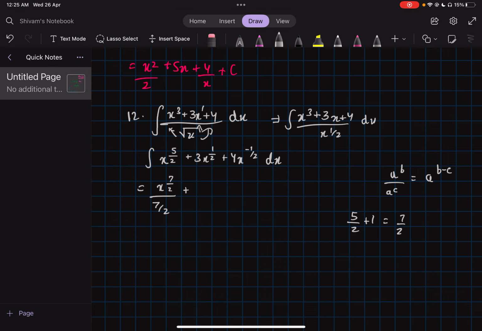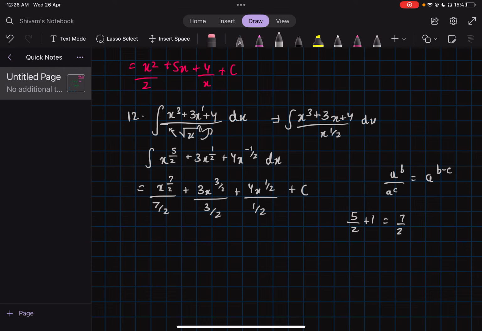Then for 3x to the half, 1 by 2 plus 1 is 3 by 2, so 3x to the 3 by 2 over 3 by 2. Then for the last term, add 1, so it's going to be just a half, then divide by half, plus c.